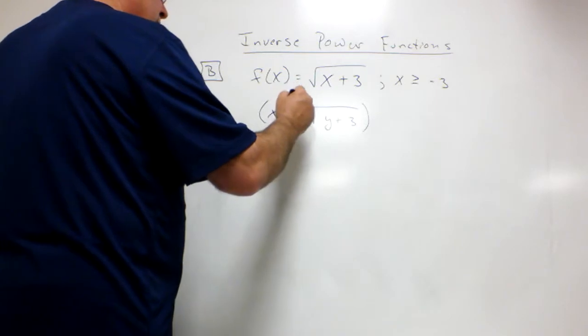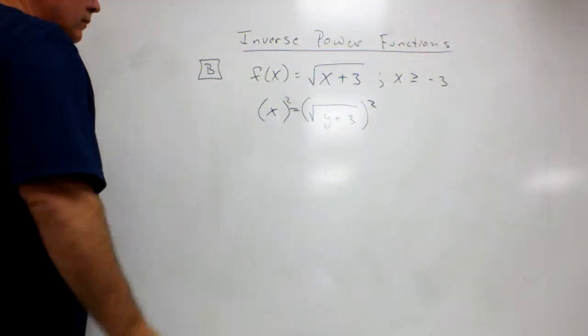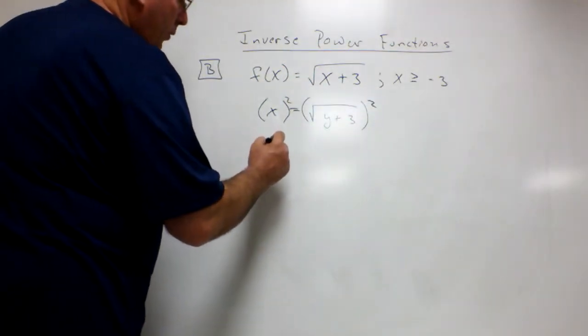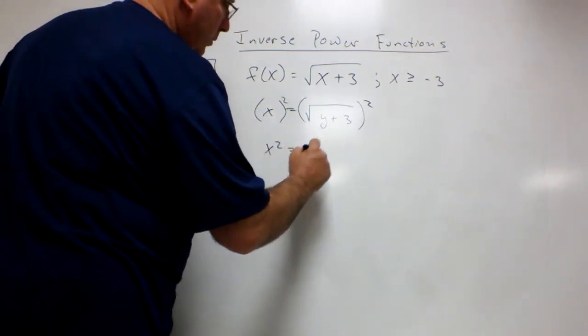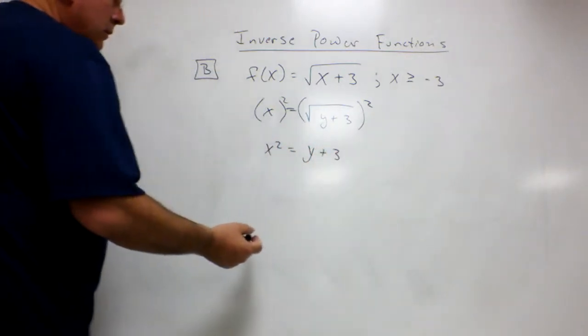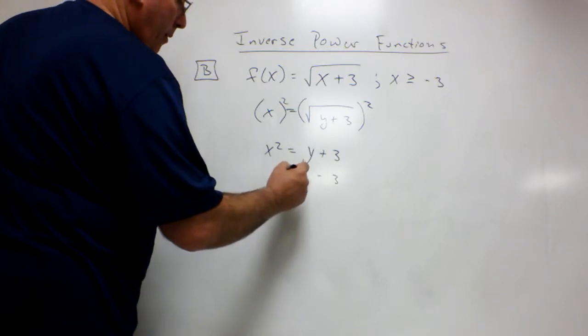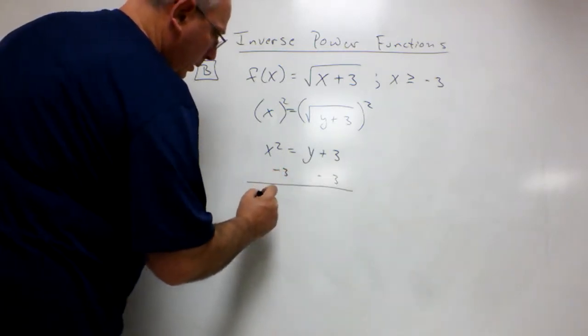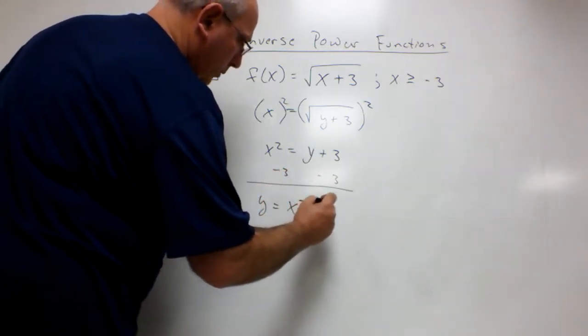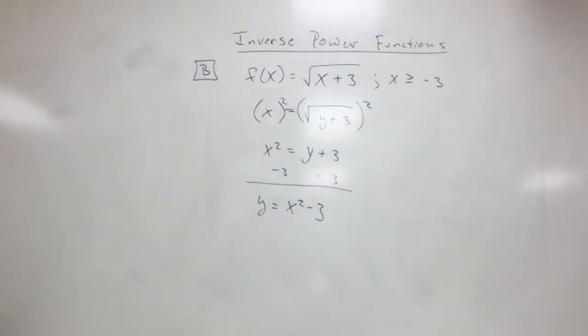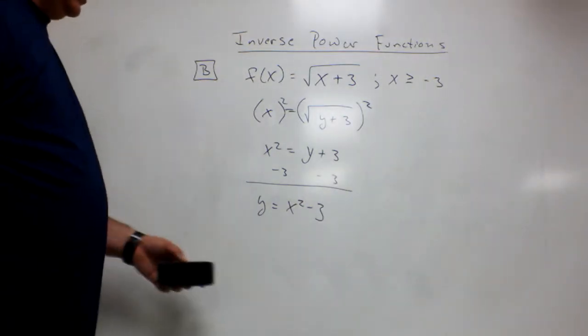Now we want to square both sides, and we get x squared equals y plus 3. We would then subtract 3, so you get y equals x squared minus 3. And that would be our inverse function, y equals x squared minus 3.